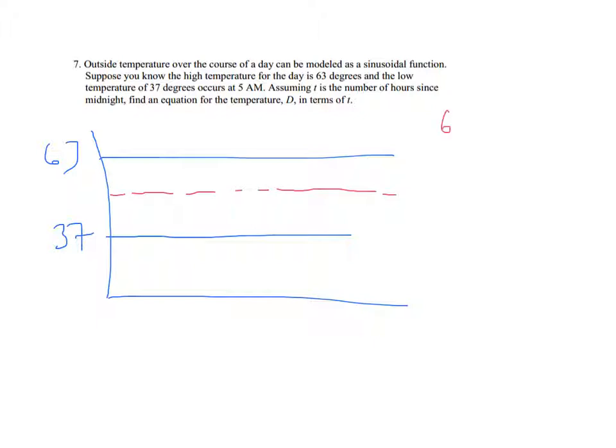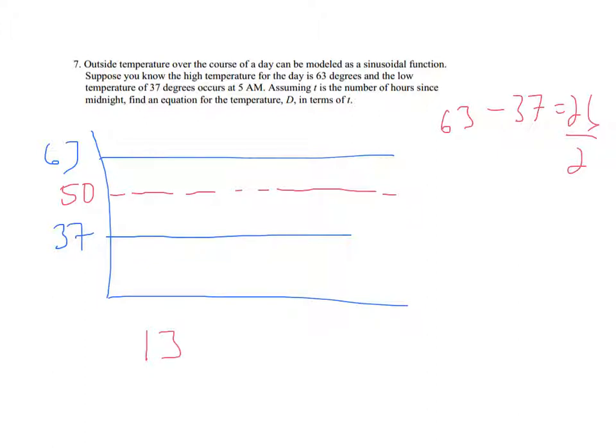If you couldn't do that in your head, you can subtract them and you get 26. Now, the amplitude is half of that, so the amplitude is going up 13 and down 13. So I'm going to add 13 to my 37, and that's going to give me 50. So the midline is 50. I also know that whatever function I decide to use, I'm going to have a 13 in front of it.